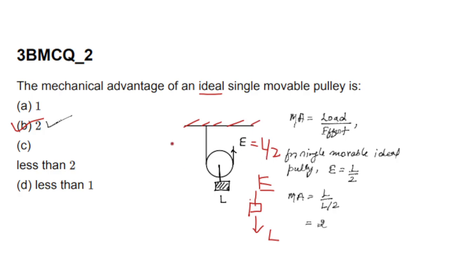So L by 2 will be picked by this and L by 2 will be picked by this. That is why there will be an advantage. You just have to put half the effort, or your mechanical advantage, you have multiplied your force by 2 times. So the load you are able to lift is 2 times the effort you put. That's why the mechanical advantage of an ideal pulley will be 2.